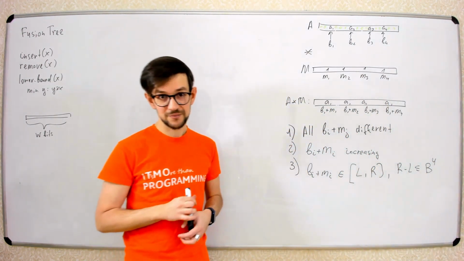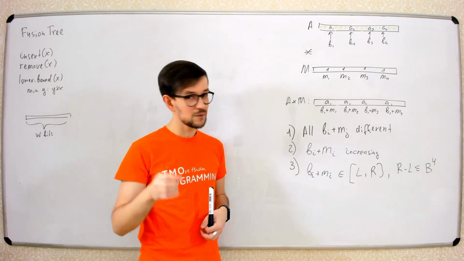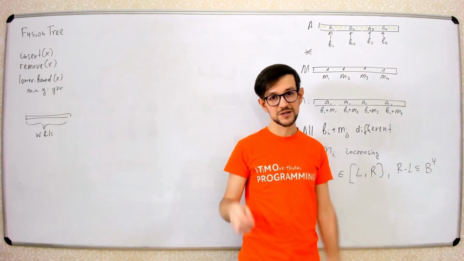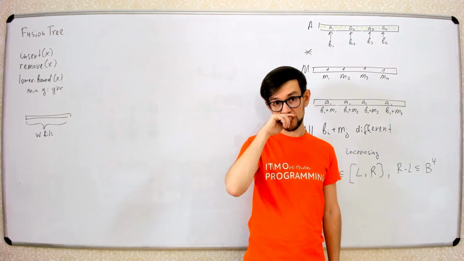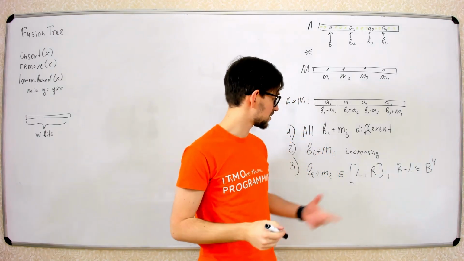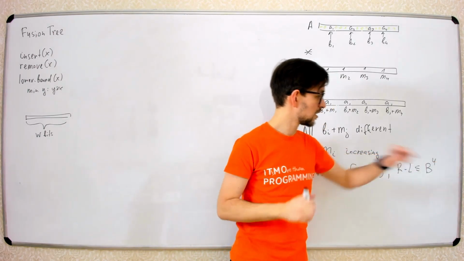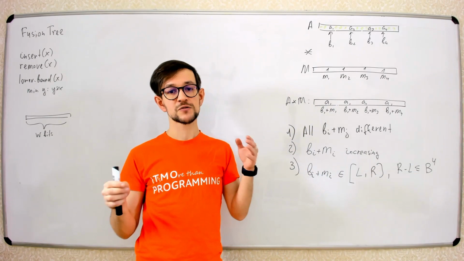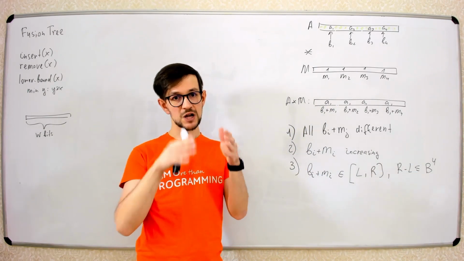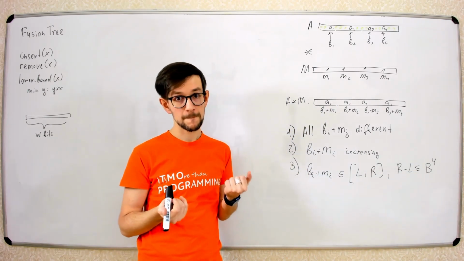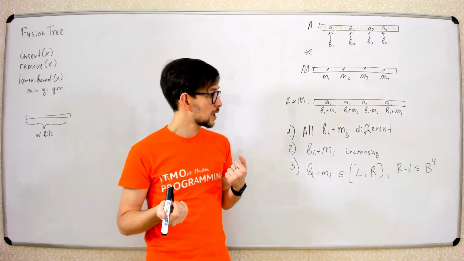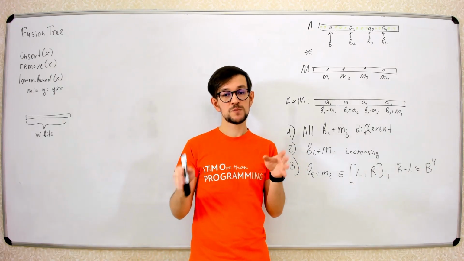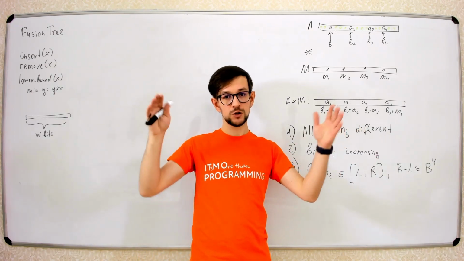That's why I have B as W to the power 1 over 5. Actually, the size of the sketch will not be B, it will be B to the power 4. But still, if the size of the sketch is B to the power 4, I can fit B sketches into a single word.